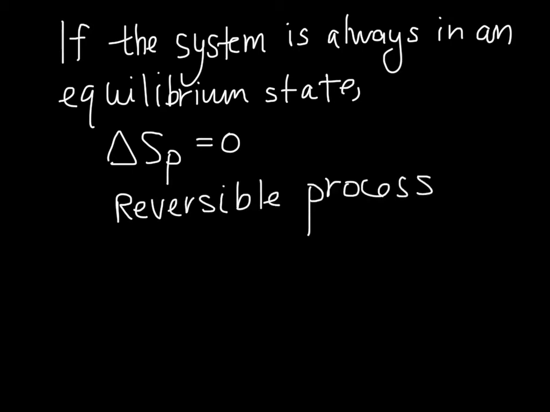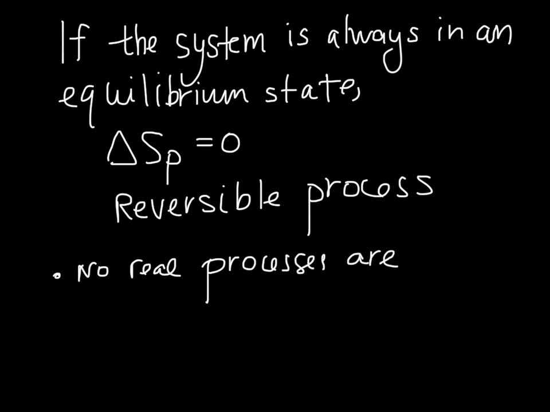Now, in reality, no real process is reversible. However, it's a lot easier to both learn thermodynamics and think about systems if we assume them to be reversible. So we need to acknowledge that no real processes are reversible. There's always some loss, in wasted heat.